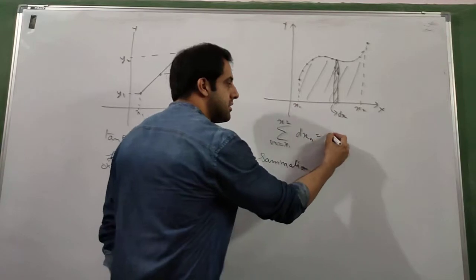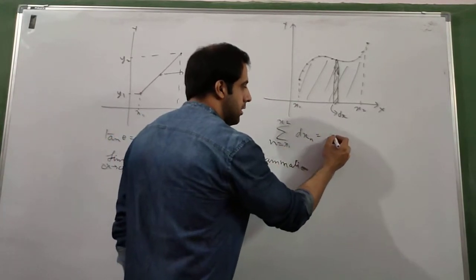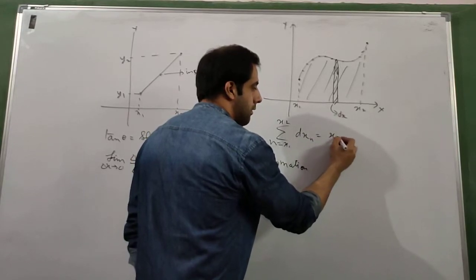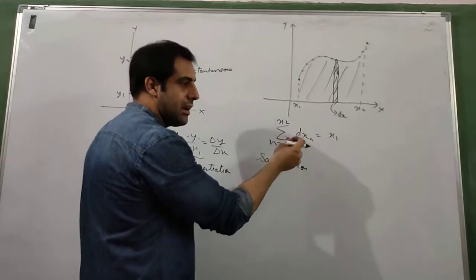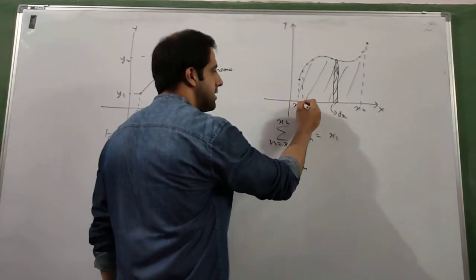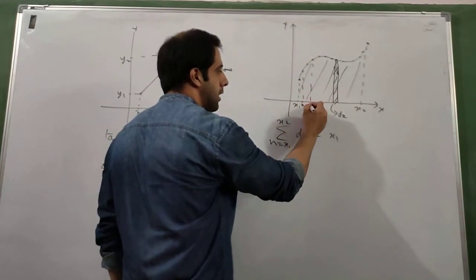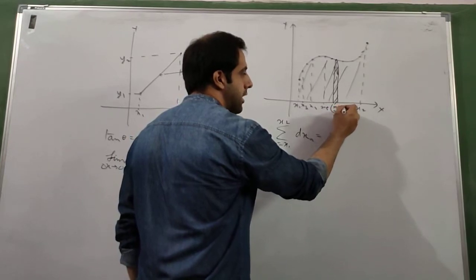What does it actually mean? It means that when n is equal to x1, then here we have x1. Let us say there are points x3, x4, and so on between x1 and x2.